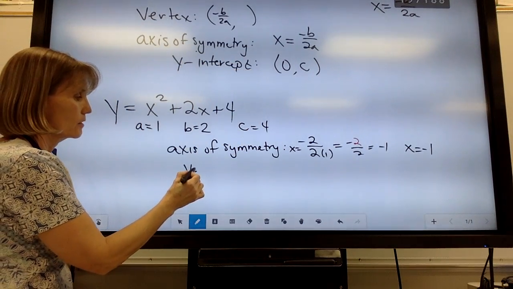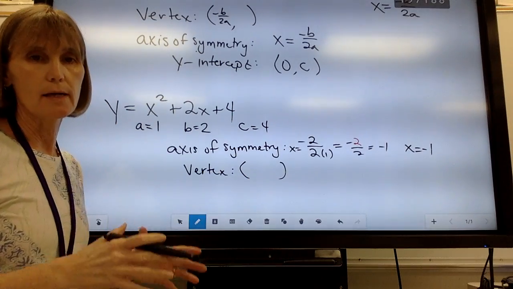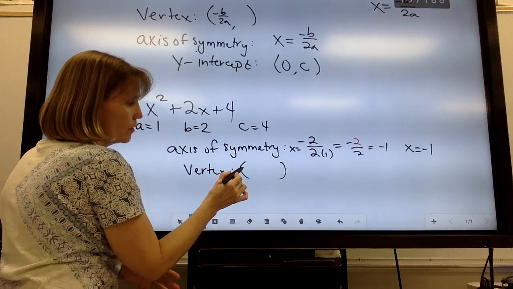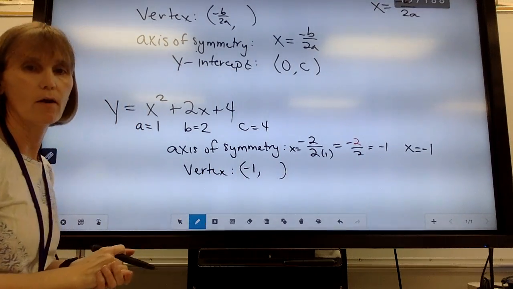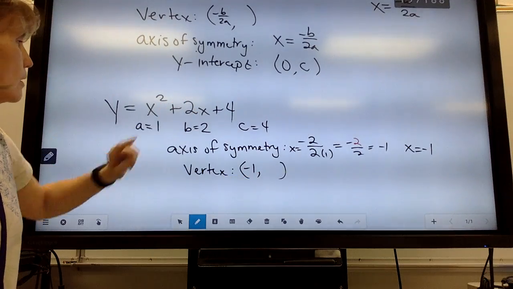Okay, to find the vertex, we know that the vertex always lies on the axis of symmetry. So if x equals -1, we know that x is going to equal -1 on the vertex. To find the y-coordinate that goes with it, you're going to just plug it in.